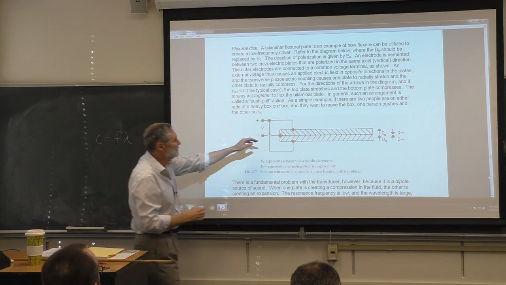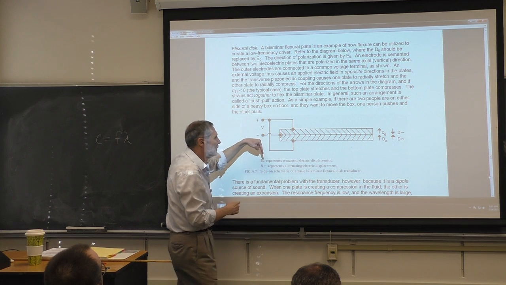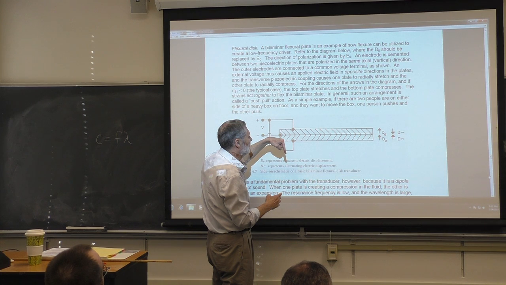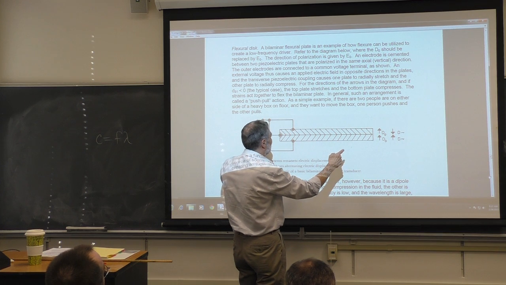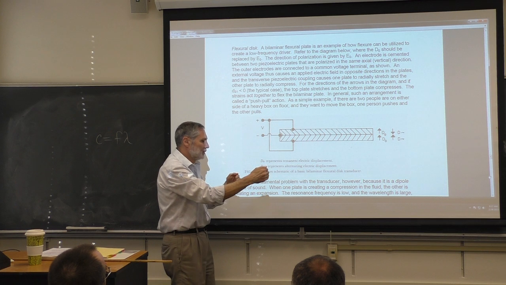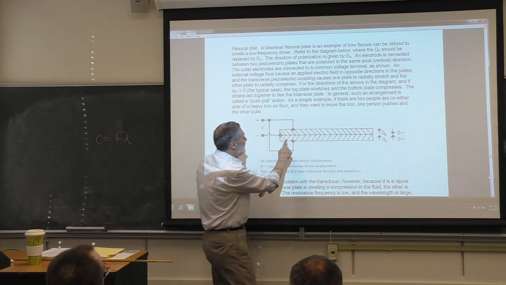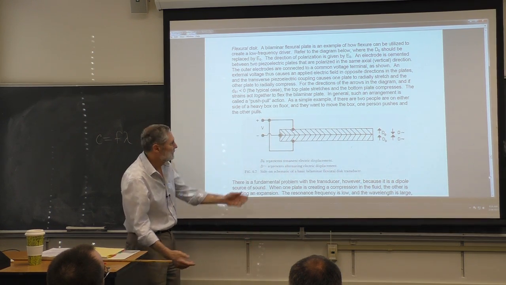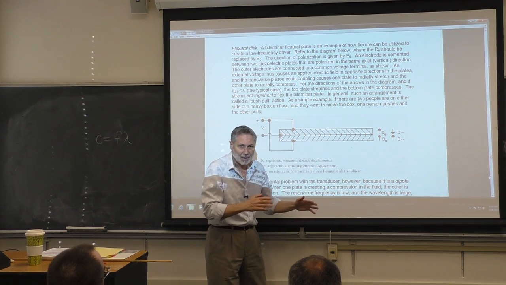So with the electric field pointing down, what's going to happen transversely is this is going to, I think, contract. Yeah, when the electric field is in the direction of polarization, it will stretch. So here, this one will contract, and what's this one going to do? Remember, the electric field here is pointing in the same direction as it will stretch.